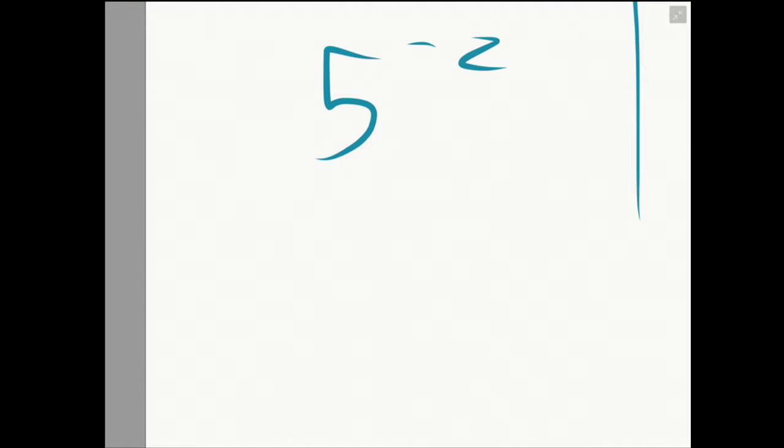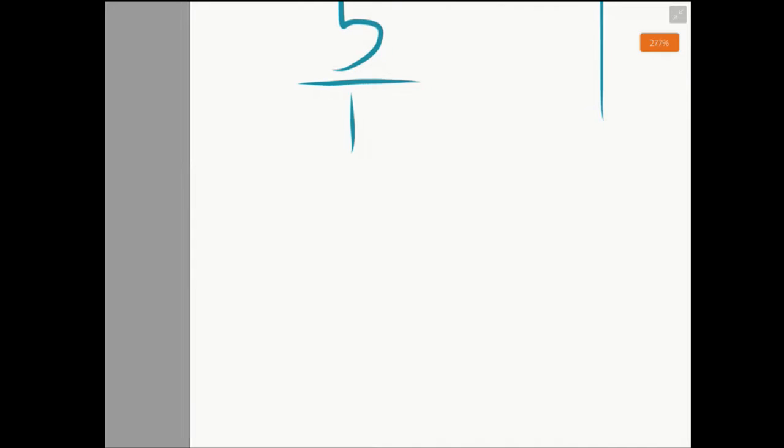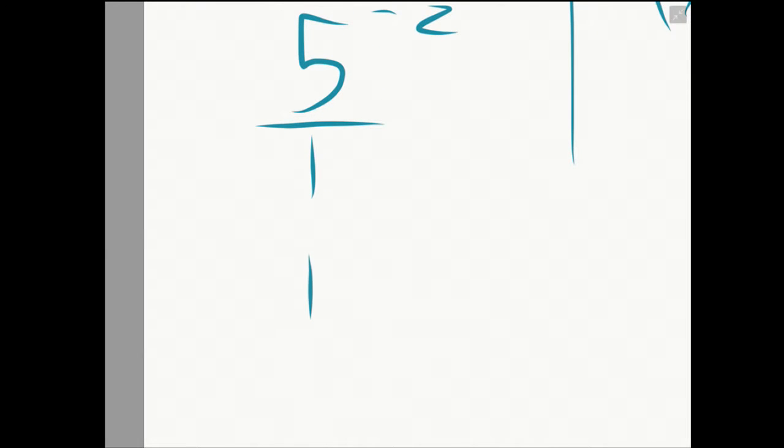Don't take the reciprocal of the power, take the reciprocal of the base. Like I just said, any number could always be represented over 1 as a fraction. So what we can do is take the reciprocal of that, which will be equivalent to 1 over 5.